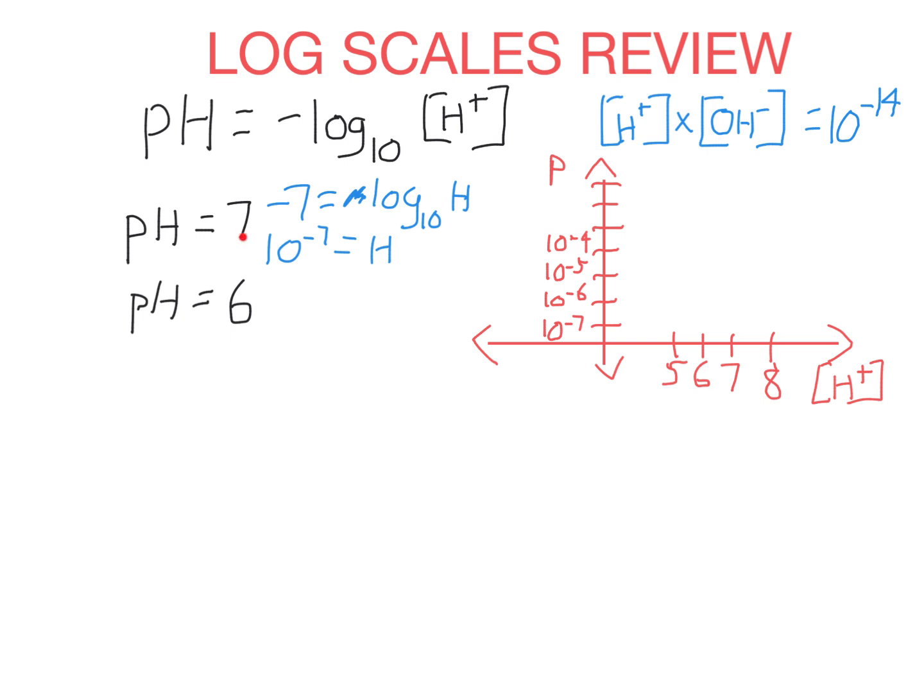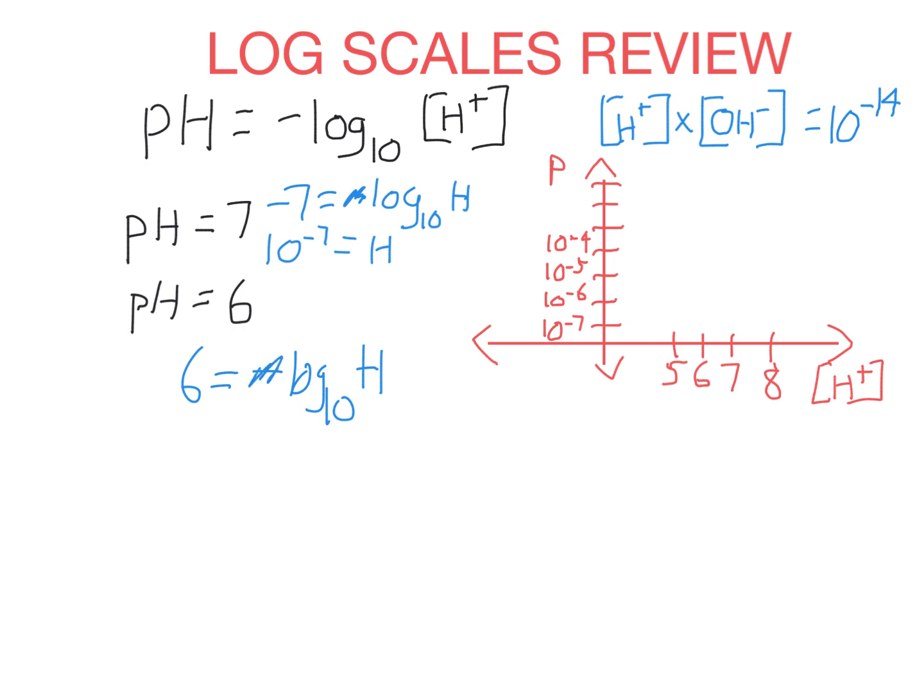By the way, when we say concentration, we're talking about moles per litre. So water has a pH of 7 if it's pure water because its hydrogen ion concentration is 10 to the -7 moles per litre. What about something with pH 6? Well, we could follow the exact same process. We have pH equals negative log base 10 of the hydrogen concentration.